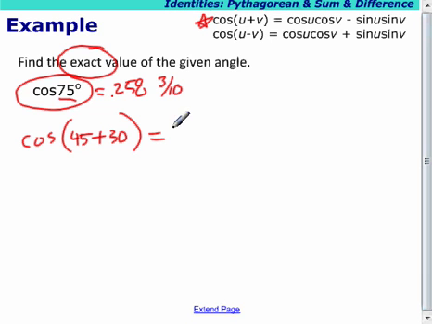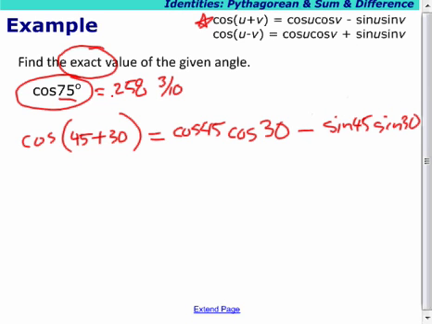So I can say, okay, cos of 45 plus 30. I take the cos of the first one and multiply it by the cos of the second one, and then I subtract the sine of the first times the sine of the second.